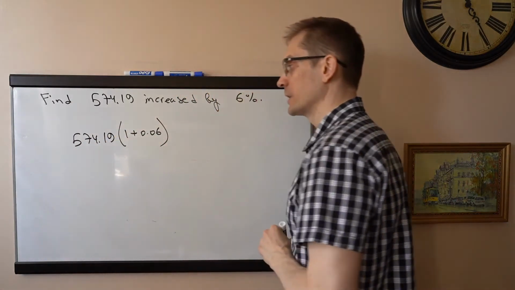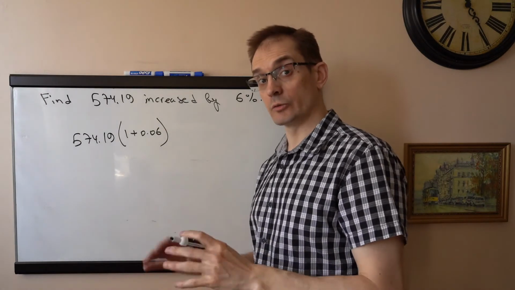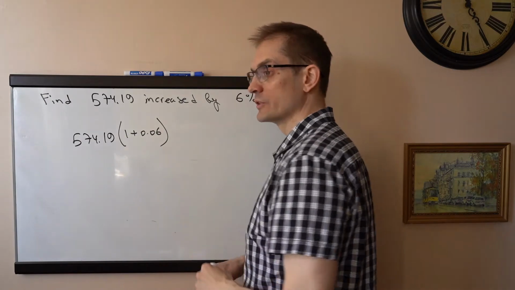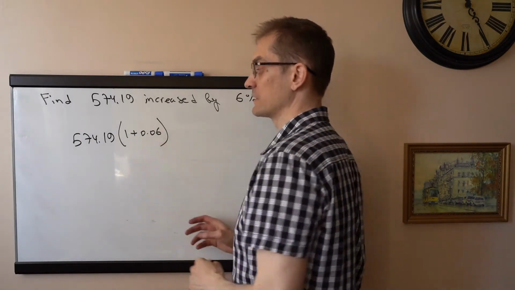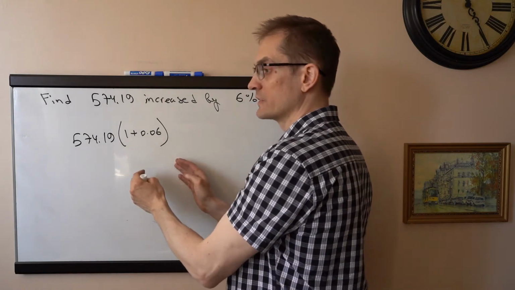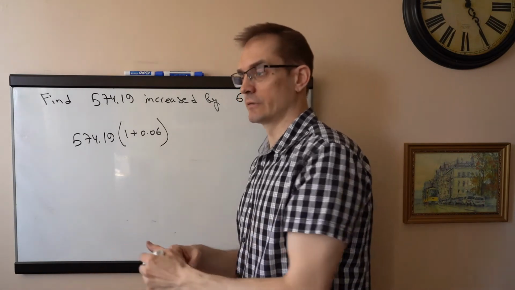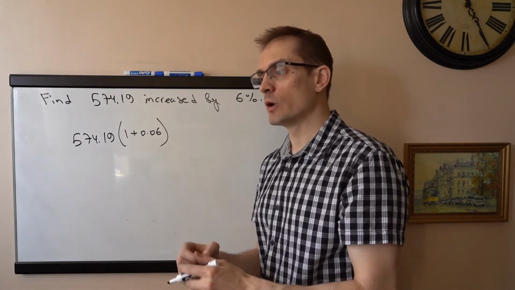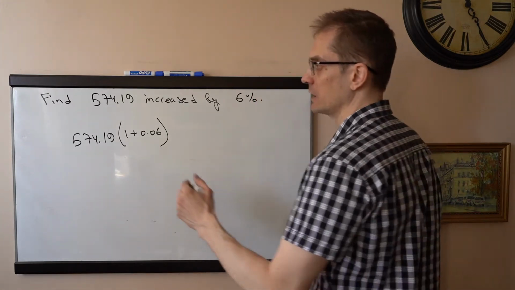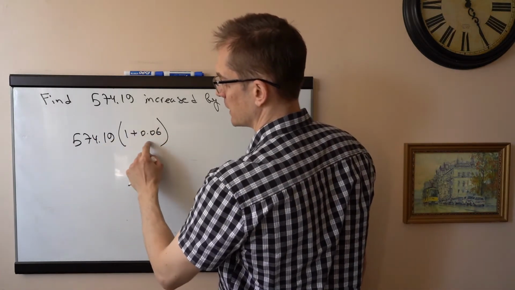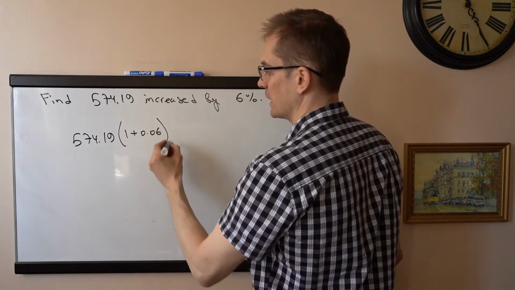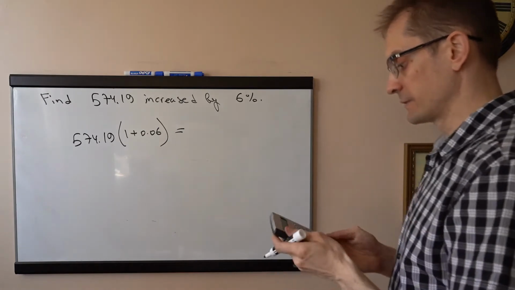You see, I already will start writing in this way because I already explained it many times before. Why am I doing this, 1 plus 0.06? Again, that stands for 106% of the amount, but I will be writing 1 plus 0.06 rather than 1.06 every time, so that you get used to the way our formulas will be structured around this idea. So if I increase this amount by 6%, I find 106% of that amount, and let's compute this.